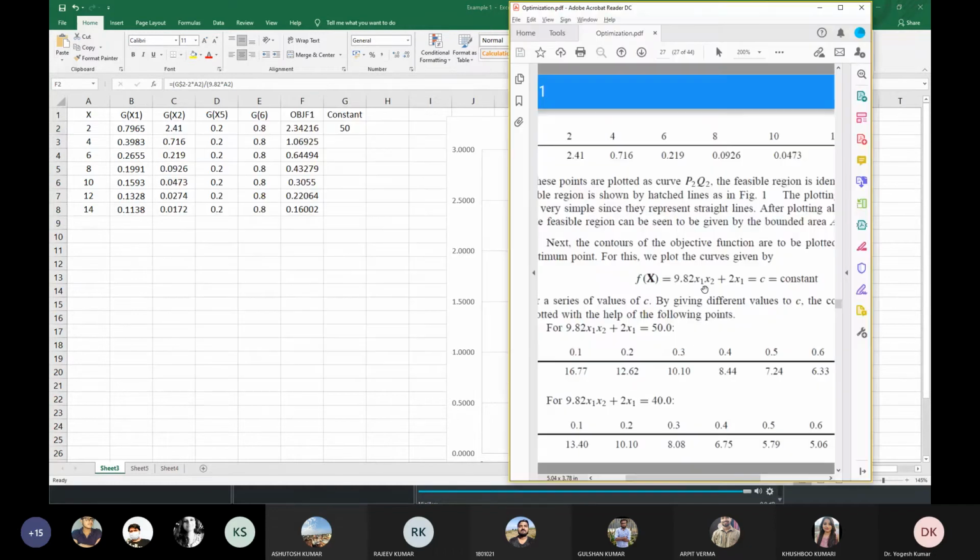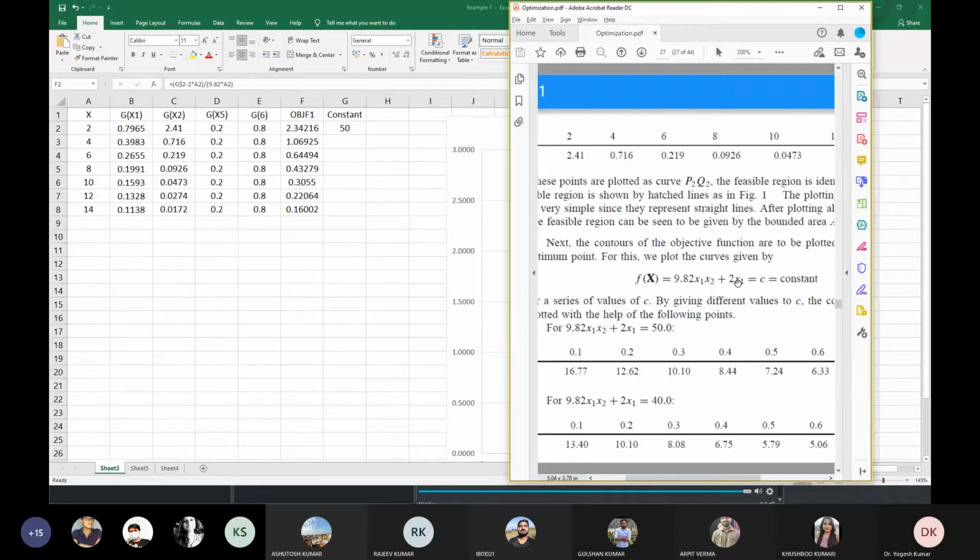What we can see, 9.82 x1 x2 plus 2x1 may be written as equal to c. In terms of x2, it may be written as 9.82 x1 x2 equal to c minus 2x1.